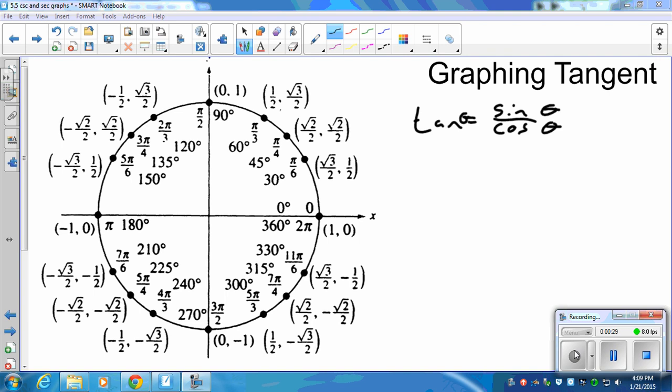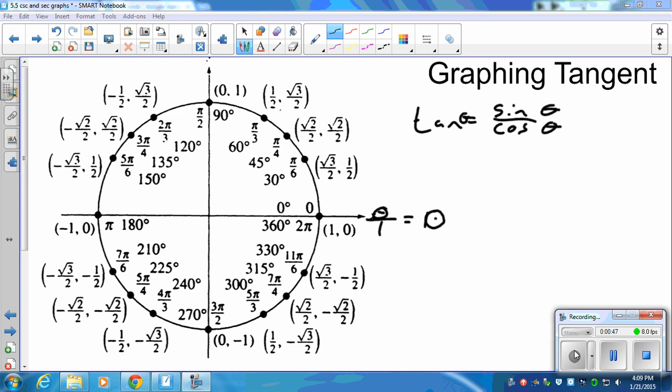So if I went around and wanted to calculate all those values here, I know that at 0, if I did sine over cosine, I would have 0 over 1, which is 0. Okay.